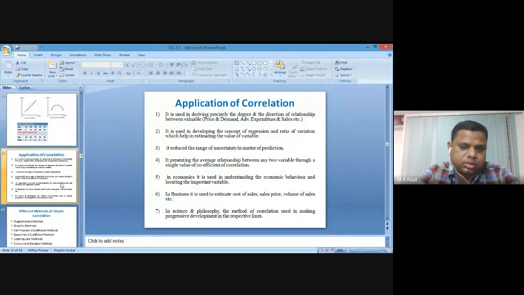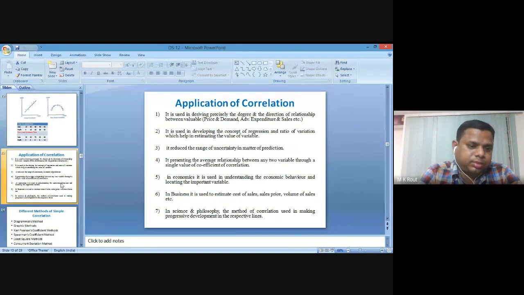Especially in economics, it is used in understanding economic behavior and locating the important variables. In business, it is used to estimate the cost of sales, sales price, volume of sales, etc. But in science and philosophy, the method of correlation is used in making progressive development along the lines of the plotted graph, whether a scatter diagram or a graph plotted on graph paper.